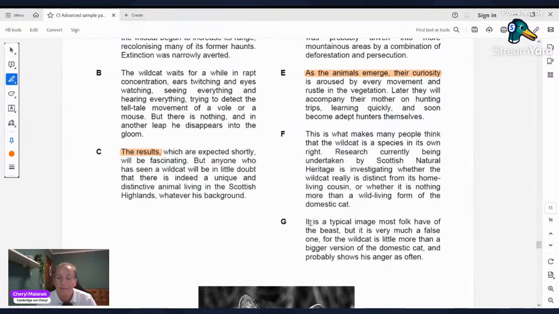It is a typical image. What is a typical image? It must have been mentioned before. This is what makes many people think. This. What is the this? Okay? So, as you can see, it's not super fancy vocabulary or understanding meaning that's helping me with this part of the exam.